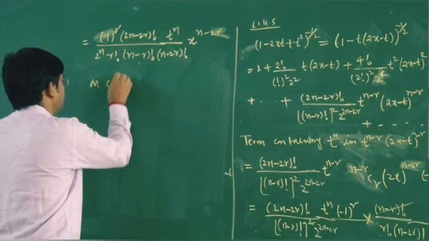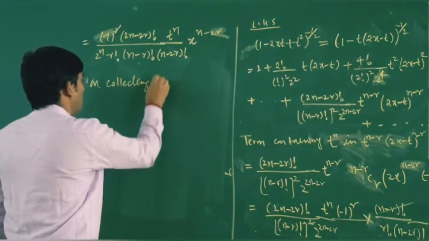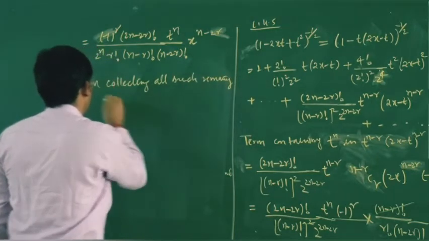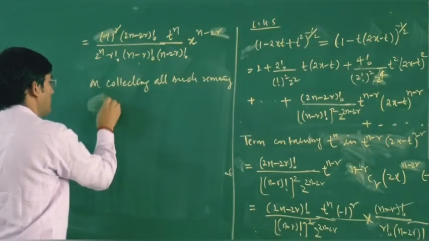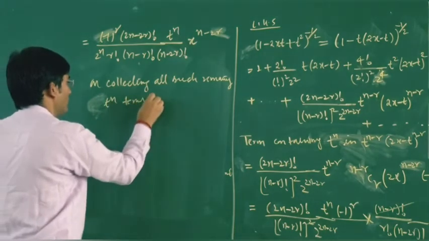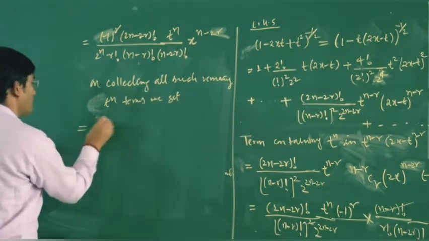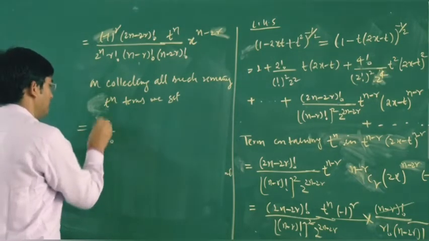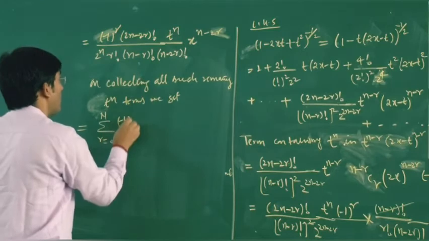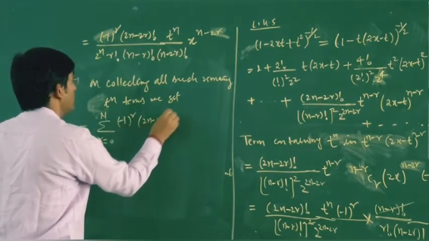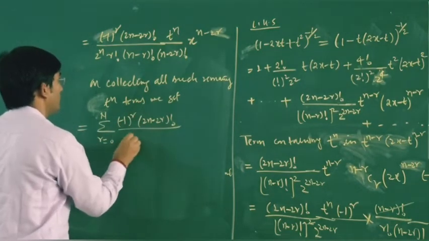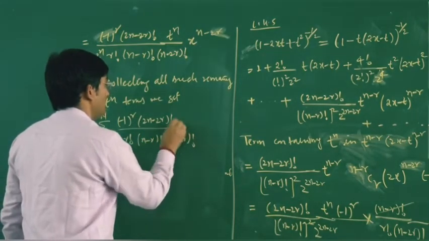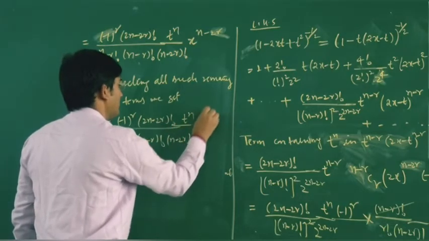On collecting all such remaining t power n terms, we get the sum over r equal to 0 to n by 2 of (minus 1) power r, factorial 2n minus 2r, then we have factorial r, factorial n minus r, factorial n minus 2r, then we have t power n into x power n minus 2r.